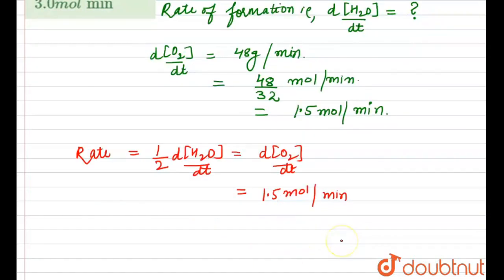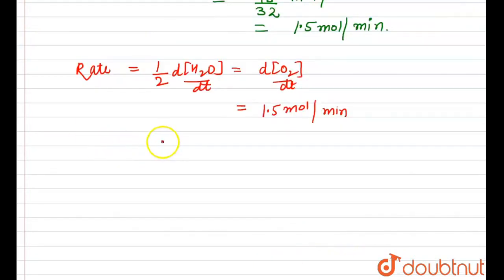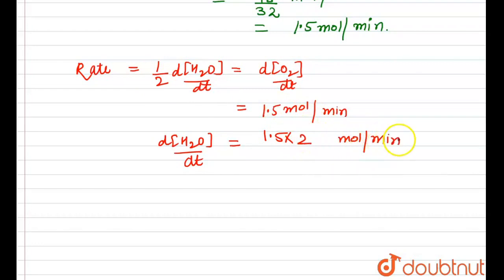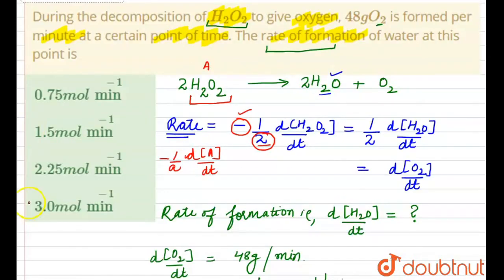Now on solving, d of H2O divided by dt is equal to 1.5, and the 2 in division goes to the other side and gets multiplied, so 1.5 times 2 mole per minute. So the final answer we have is 3 moles per minute. This is the rate of formation of water, and from the options, the correct option is option D, and this is the answer.